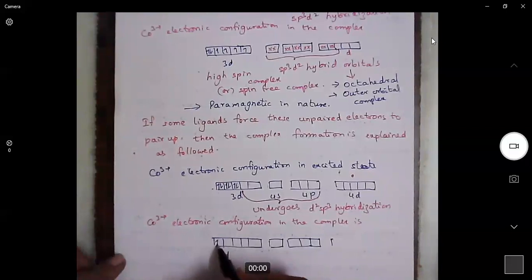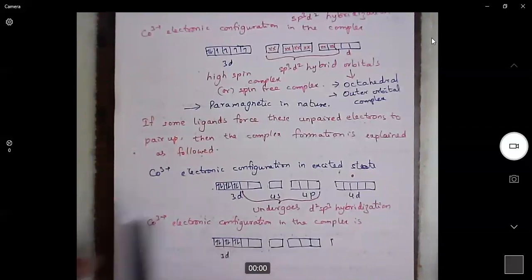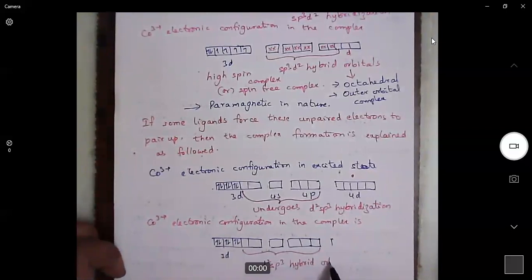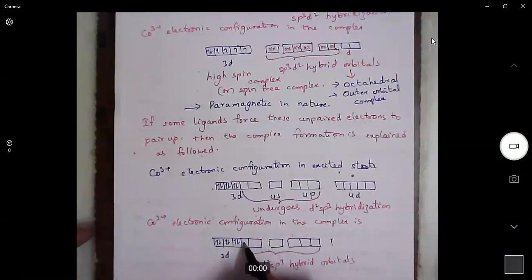We have three lone pairs of electrons. Then we have six d2sp3 hybrid orbitals, and six ligands will donate six lone pairs of electrons. To differentiate the electrons of the metal ion and the electrons from the ligand, I am using a different symbol. For the metal ion, I am using a half arrow, whereas for ligand electrons, I am using X.